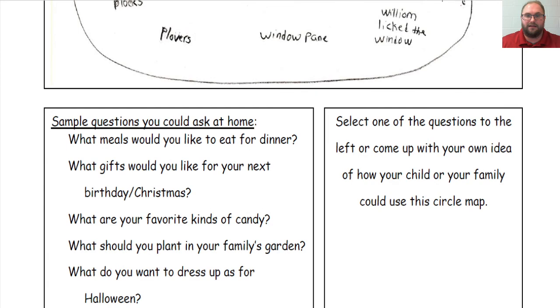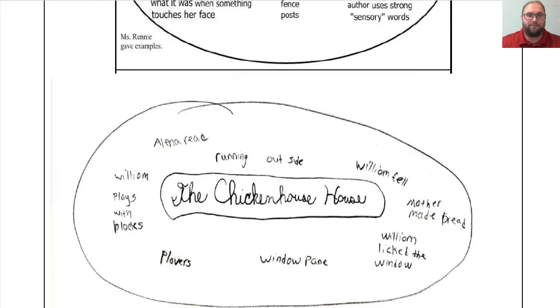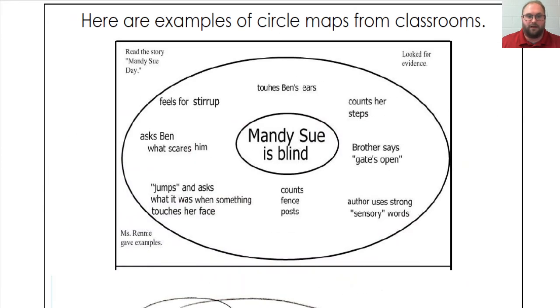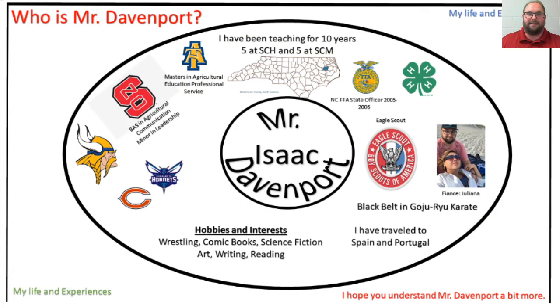So let me give you an example of a type of thinking map that I want you to create. I want you to create a thinking map specifically to introduce yourself. So this is my thinking map.